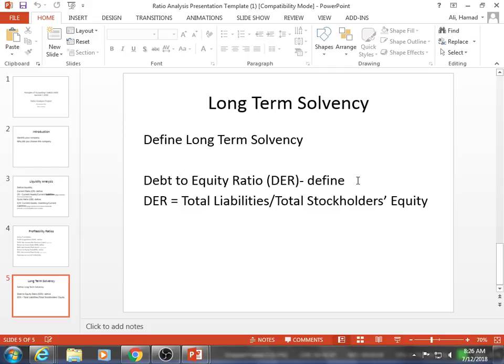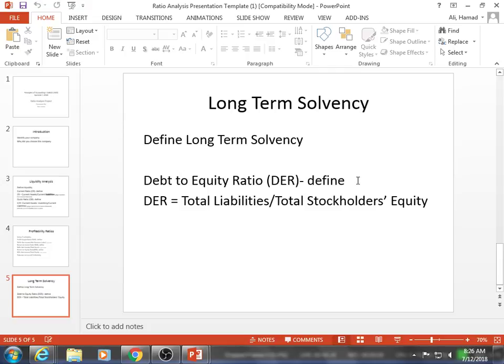All right, this is slide number 5. I emailed it to everyone yesterday. So look at your total liabilities. Which one are you using, 18 or 17? 18. Okay, this is your income statement. You're going to look at your balance sheet.